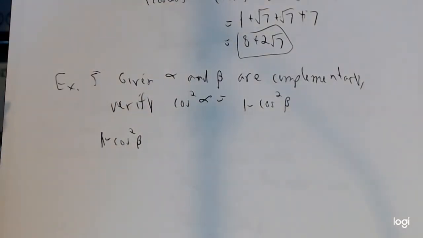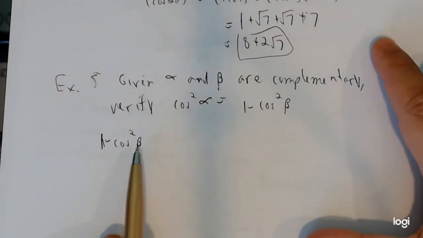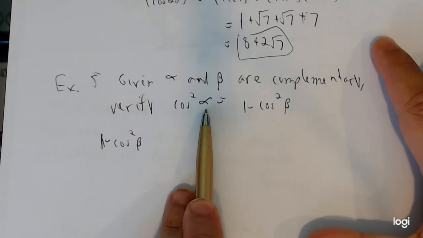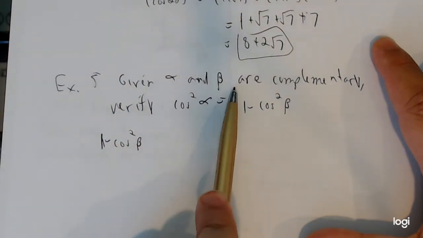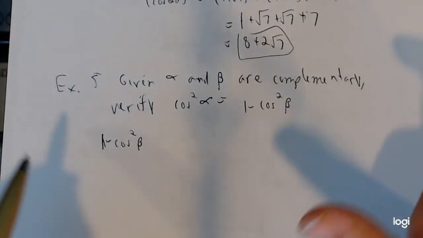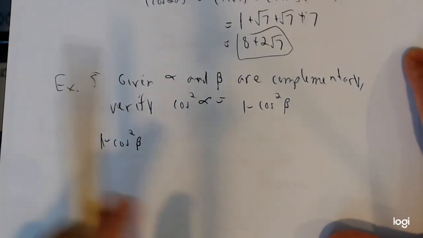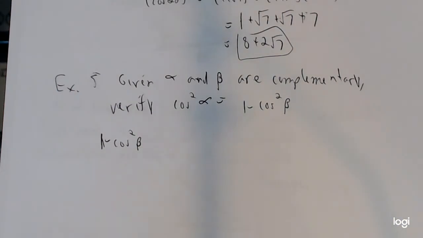Now, here's what I know here. This one's a little tricky because I notice how beta has to switch to alpha. And what's the key here? We know that alpha and beta are complementary. And what's important about that is when we add alpha and beta, they add up to 90, which means I could use the idea of cofunctions. So that I'm not concerned about yet.